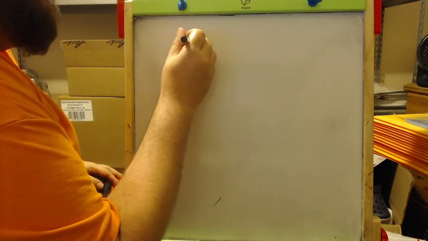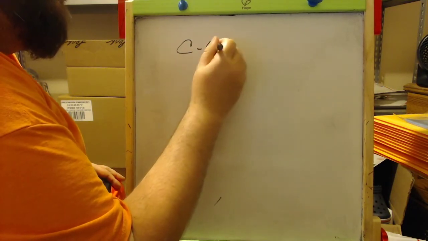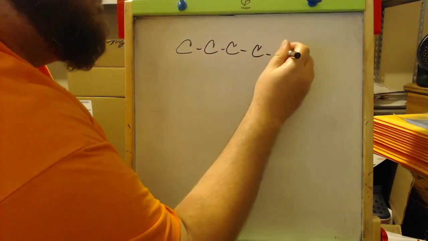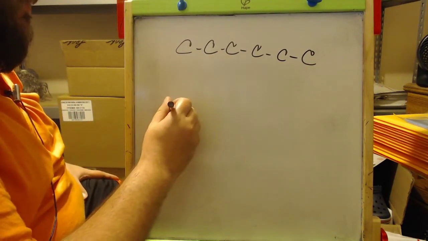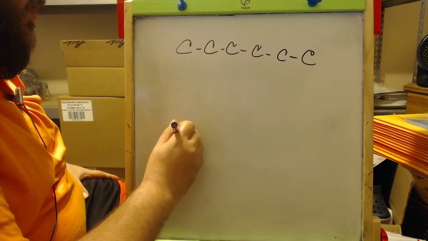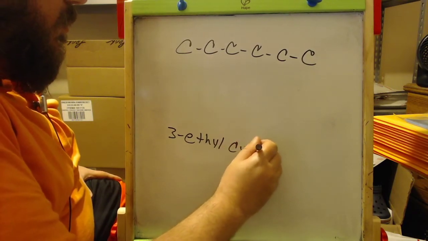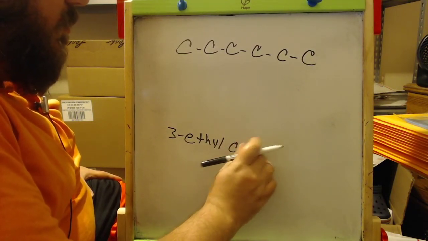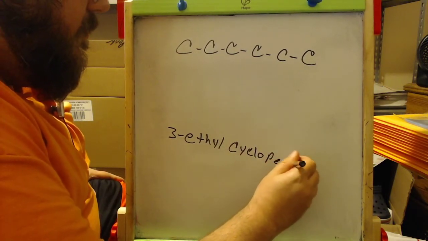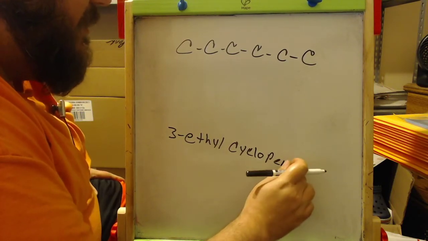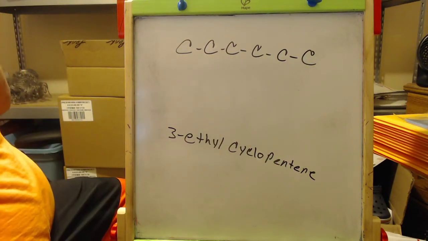Okay, so let's look at one. Let's do this. And you should be able to go in both directions. All right, you should be able to look at a structure. You should also be able to look at it and say, 3-ethyl cyclopentene.